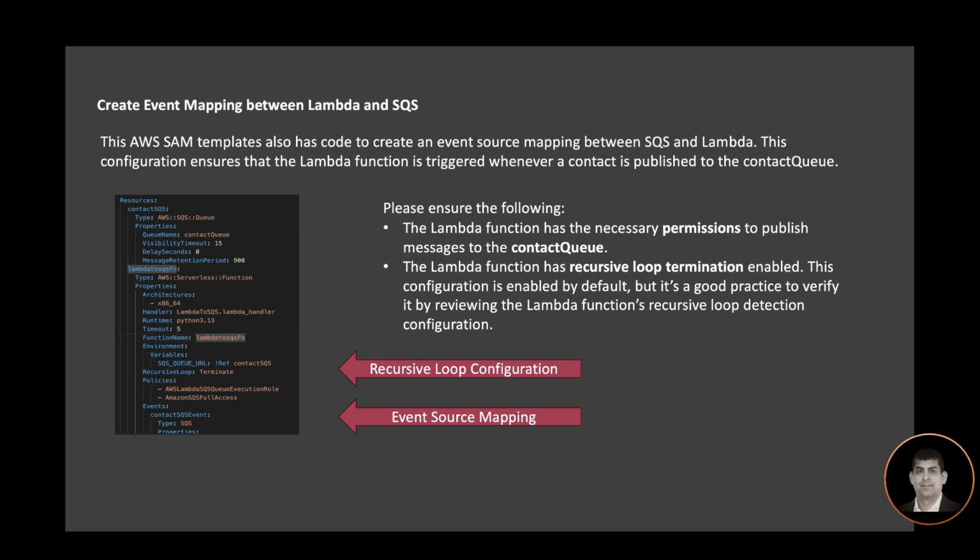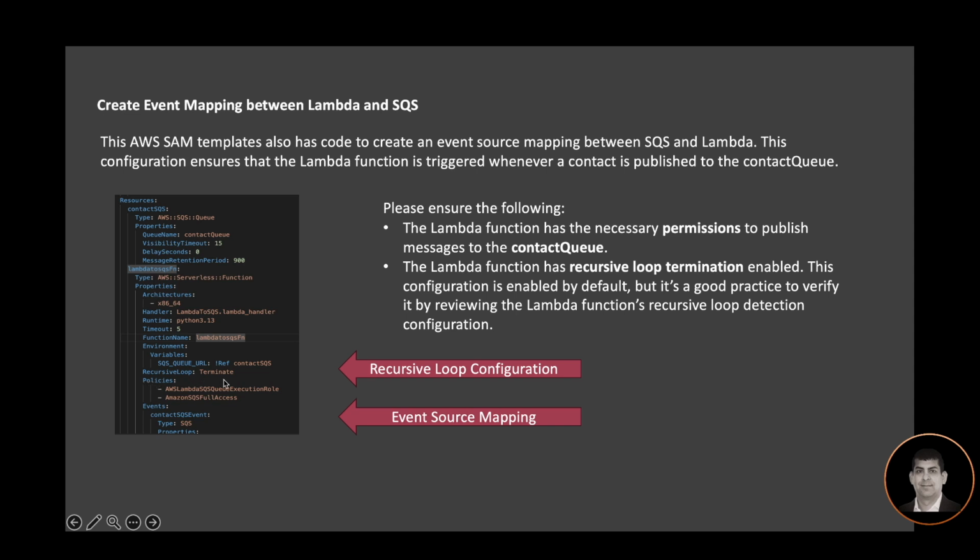So we need to create an event source mapping between SQS and Lambda, because this configuration ensures that the Lambda function is triggered whenever a contact is published to the contact queue. So here we will see that there is a configuration setting which is saying recursive loop terminate.